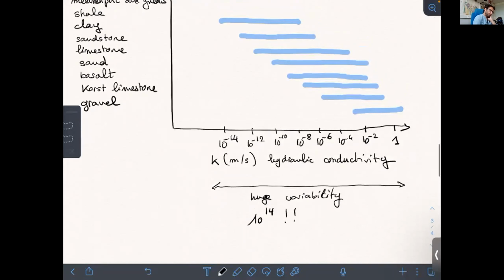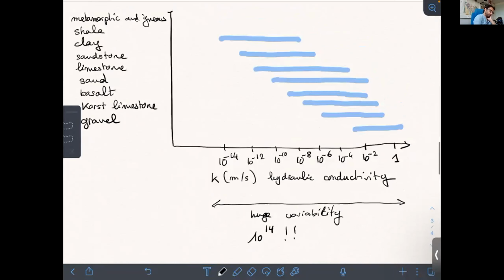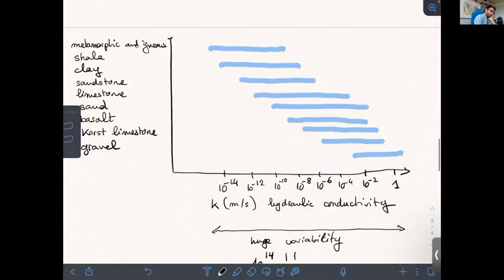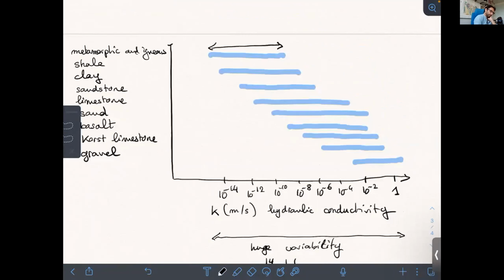And we also see that within a given type of rock, even in one type of rock, we have a huge variability. So here we have, for example, 4 to 5 orders of magnitude for each of these types.